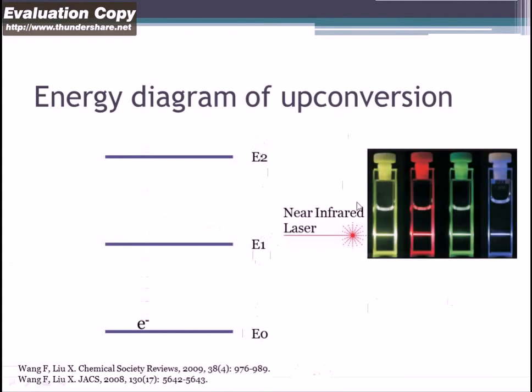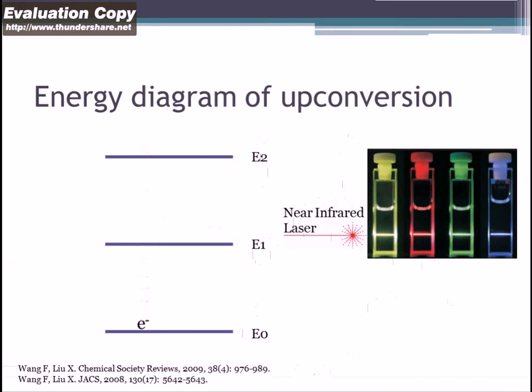So this photo shows the luminescence of upconversion materials under near-infrared laser excitation. Near-infrared light photons have a lower energy than the visible light, and it is invisible to the naked eye. However, by interacting with the upconversion materials, the near-infrared light can be converted into visible light with higher photon energies and shorter wavelengths.